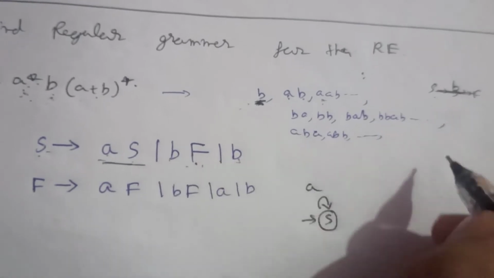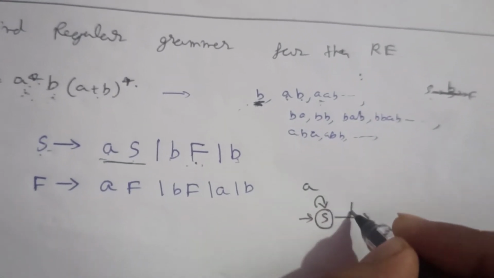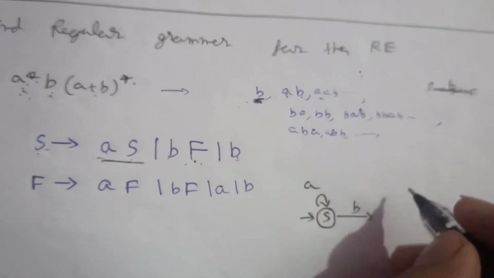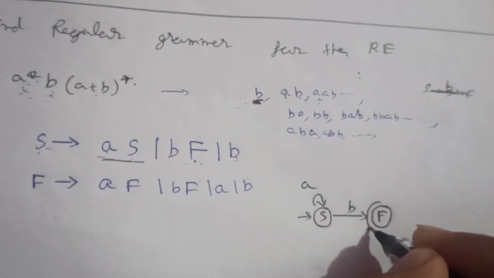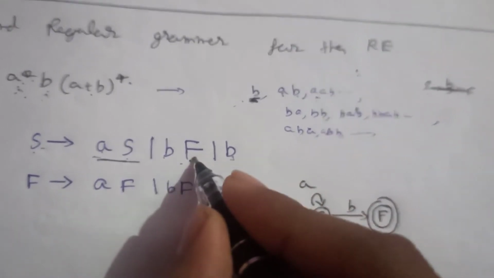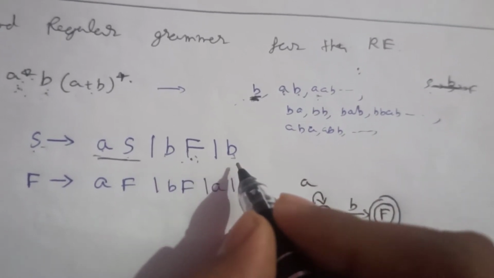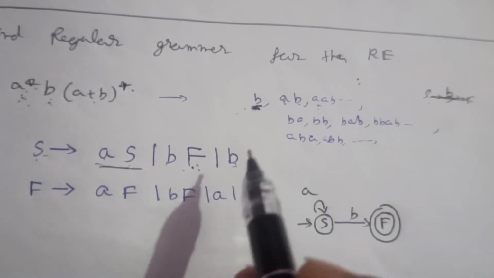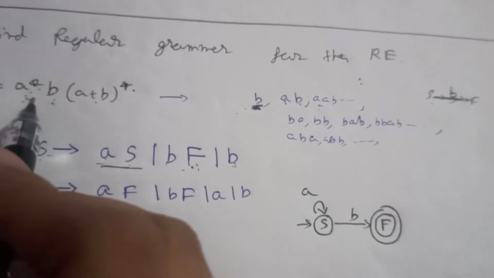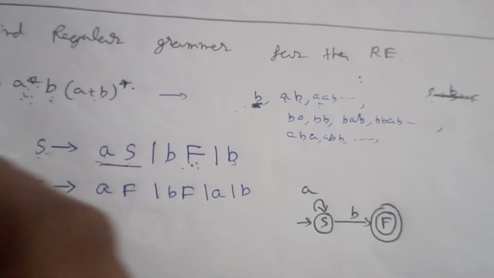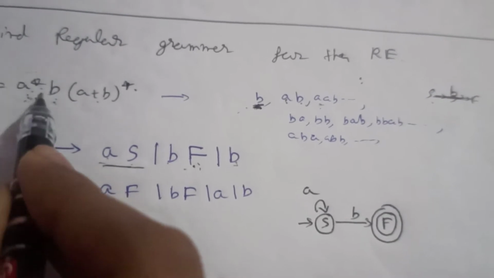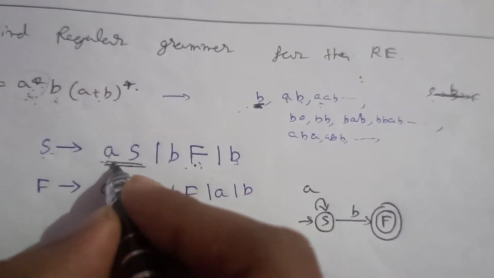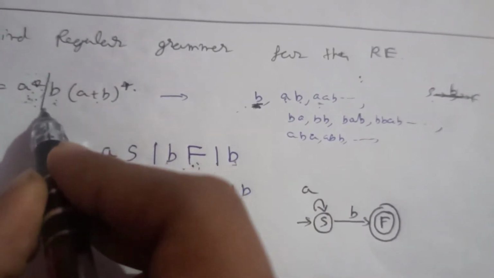And as F is the final state, I will have to write the terminal part also. So after receiving b, it will go to the final state, and since F is the final part, I will write only the terminal. If there is null or a number of things, we don't care about that now. We have handled this a star part in only this production rule. Now we will see this part.